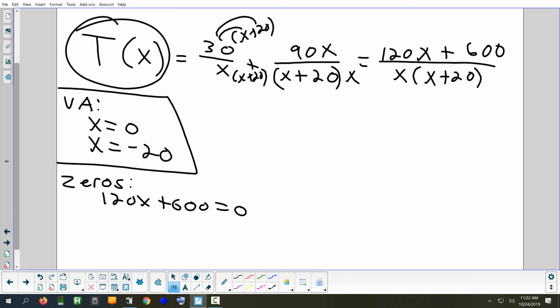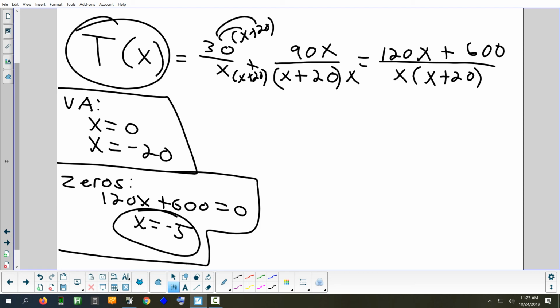If you subtract 600, it is going to be negative 5. Again, does it make sense in this problem? Probably not. Negative 5 as a speed doesn't make sense. But it is the zero. It's also the x-intercept. Okay, we've talked about that a lot of times.